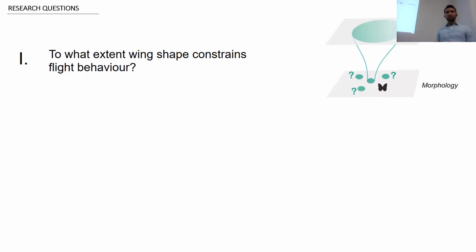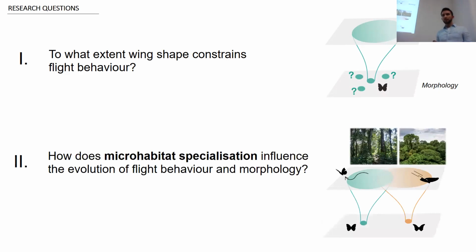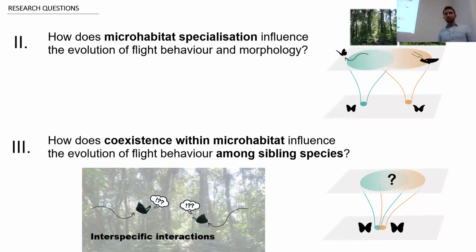Second, I performed a comparative study of canopy and understory species to understand how microhabitat specialization may influence the evolution of flight and morphology. In the last part, I addressed the coexistence of species living in the same microhabitat. I looked at interspecific interactions between very closely related and phenotypically similar species, and I asked how their coexistence can drive trait evolution.